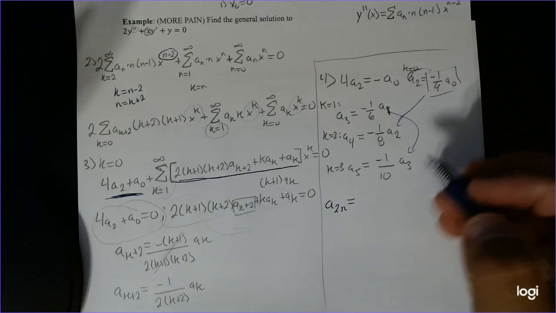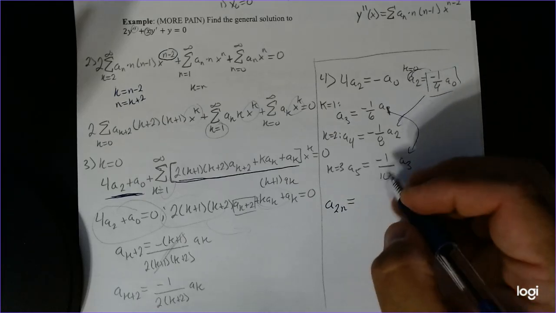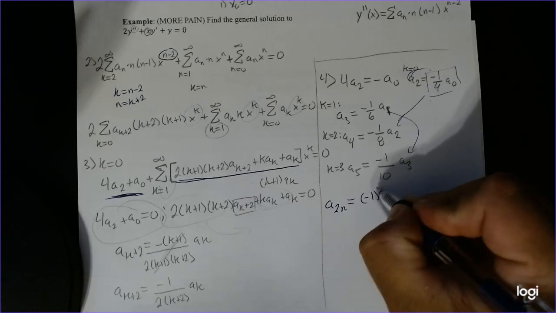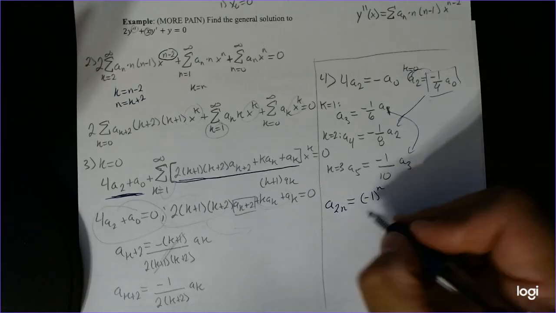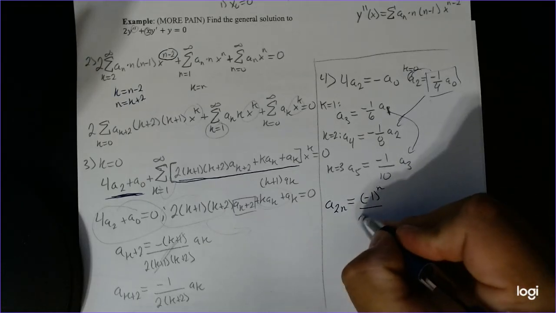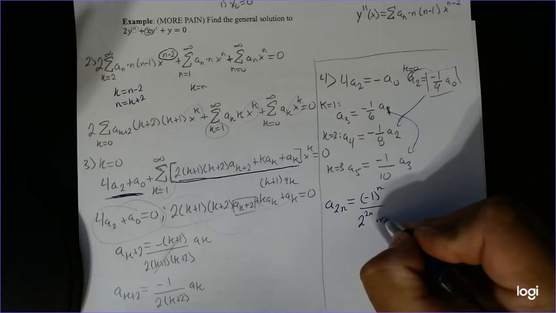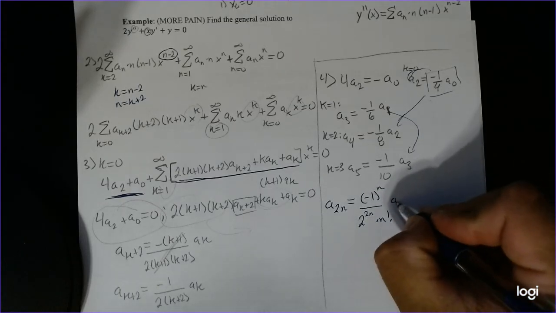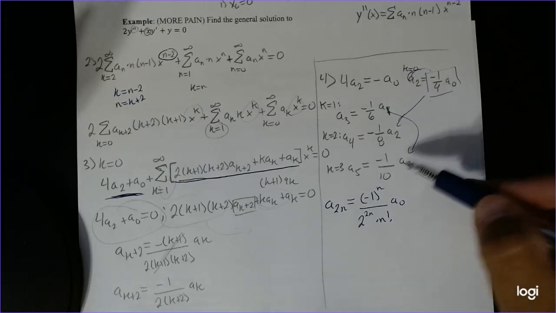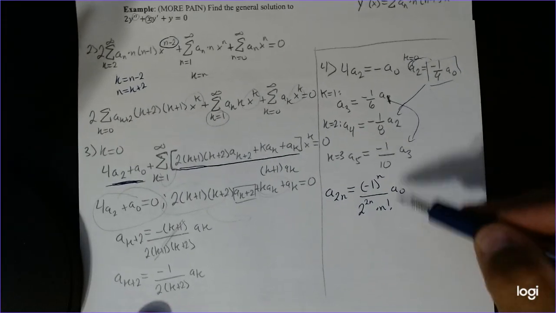So the a naught portion is going to be plus or minus over 2 to the n squared times n factorial, times a naught. That's a sequence that keeps going.